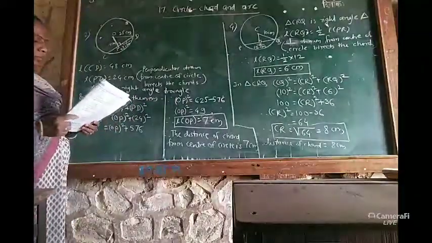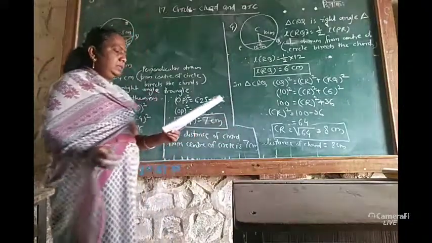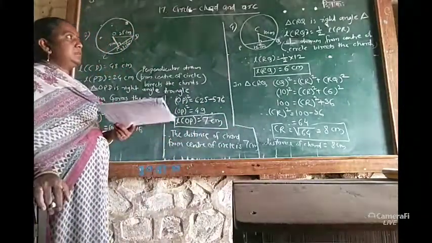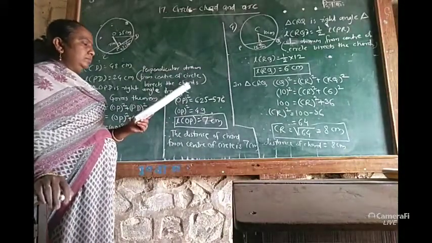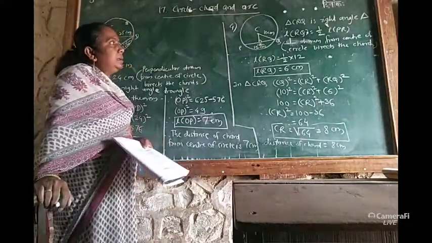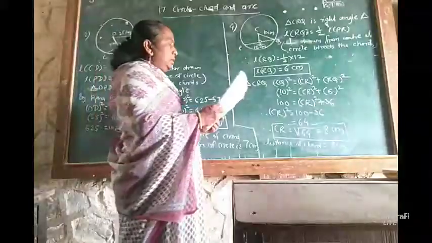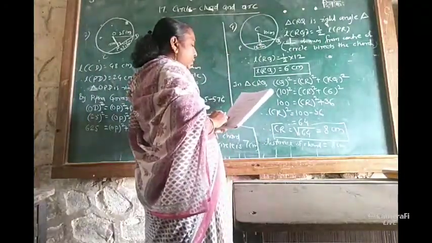Now I have taken the fourth example. In the fourth example, they have given us information: find the distance of the chord from the center of the circle, whose radius is 10 centimeter, if the length of the chord is 12 centimeter. You have to draw the diagram first. Here C is the center of the circle and PQ is the chord.